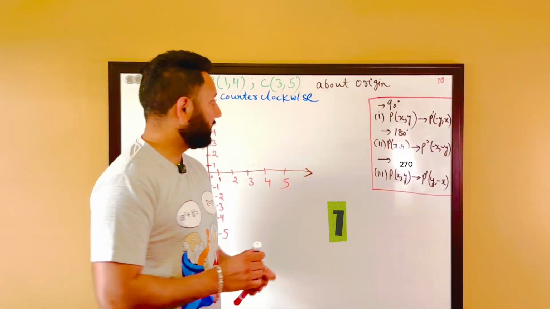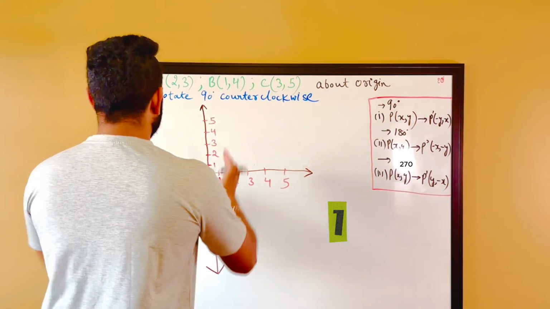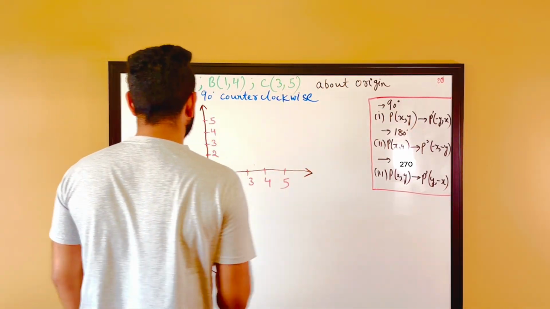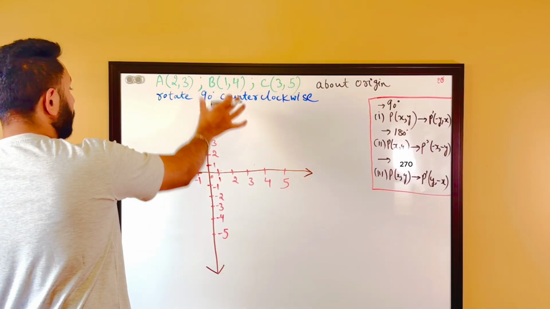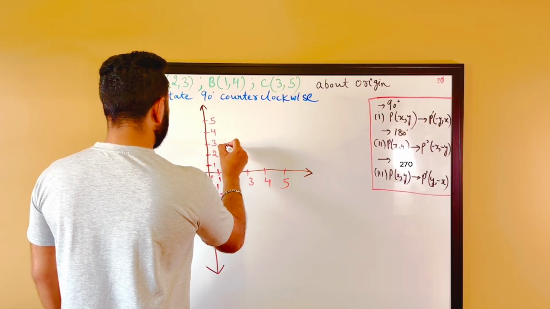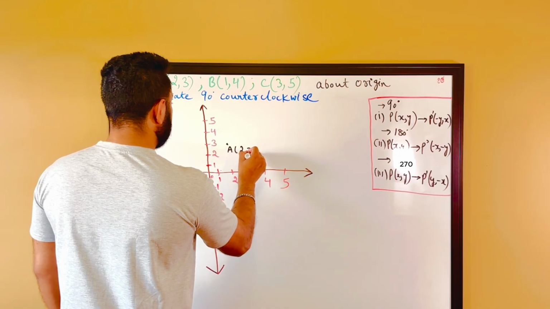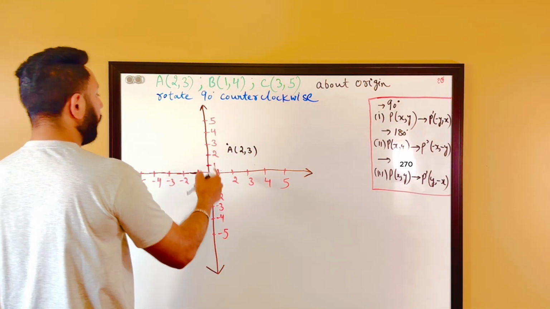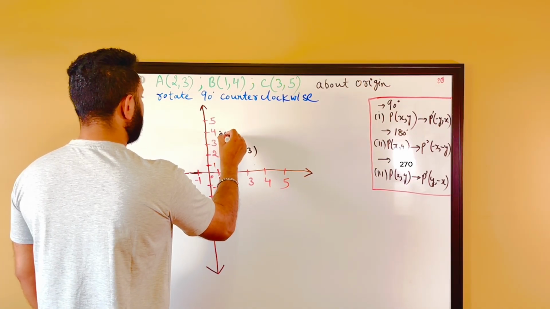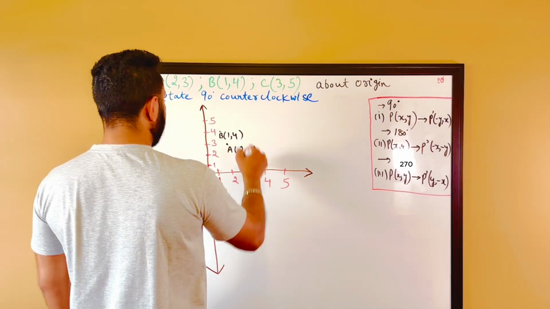So our first problem is we are given these coordinates A, B and C, and we got to rotate these coordinates 90-degree counterclockwise about an origin. So first of all, we're gonna mark these coordinates here on the graph. A is (2, 3), so the A point is here, B is (1, 4), the B is here, and C is (3, 5).